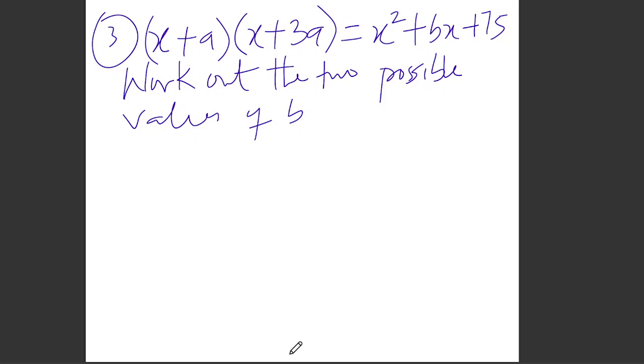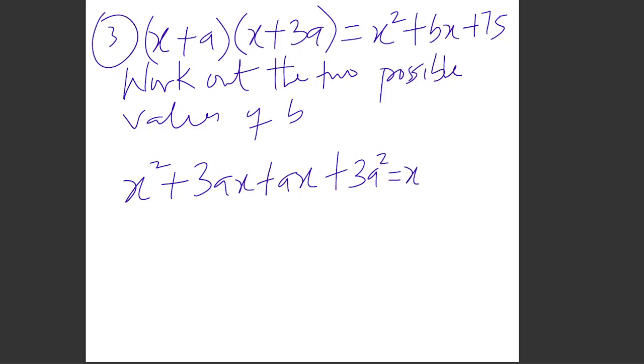We are going to expand the first bracket, the left hand side, and that will give us x squared, plus 3ax, then plus ax, then plus 3a squared, equals x squared plus bx plus 75.